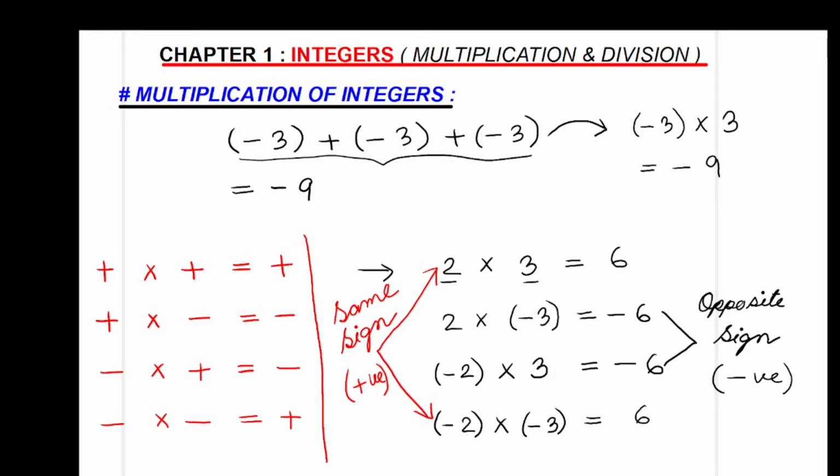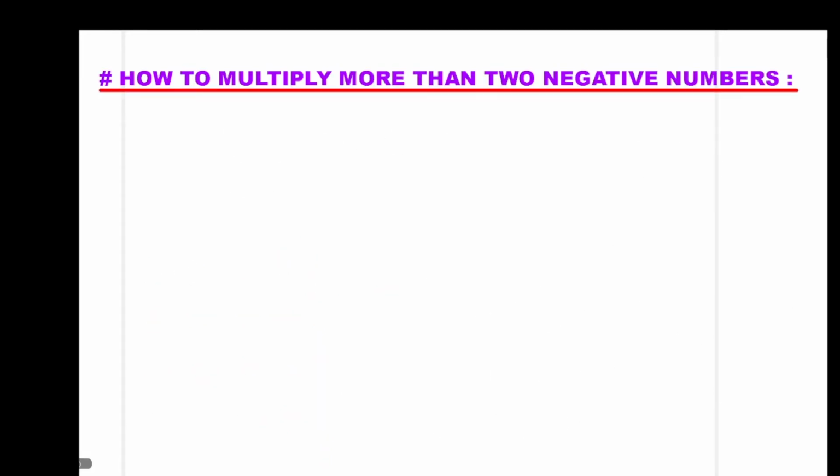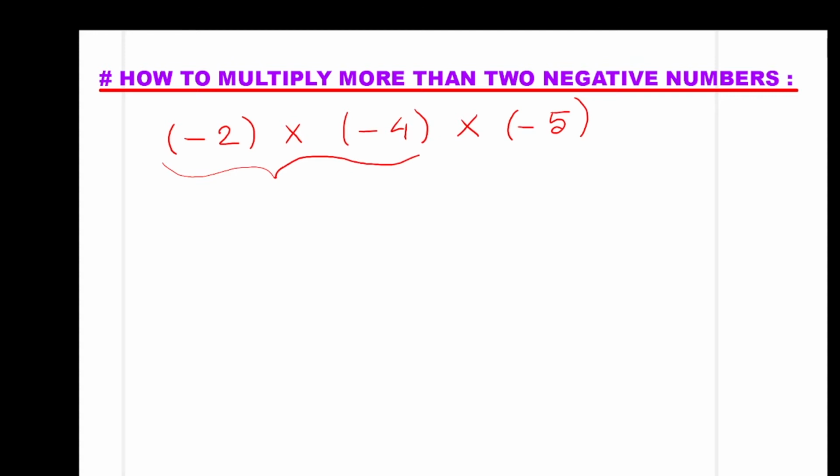Now come to the next. How to multiply more than two negative numbers. Suppose minus 2 into minus 4 into minus 5. Now see, here negative into negative, both the signs are same, so we will get positive.